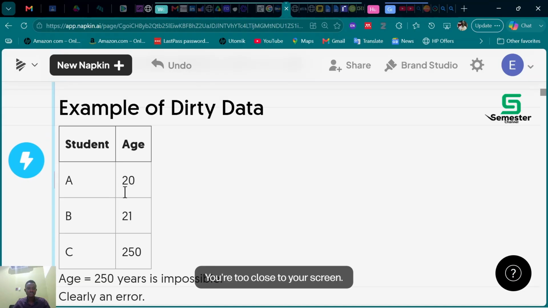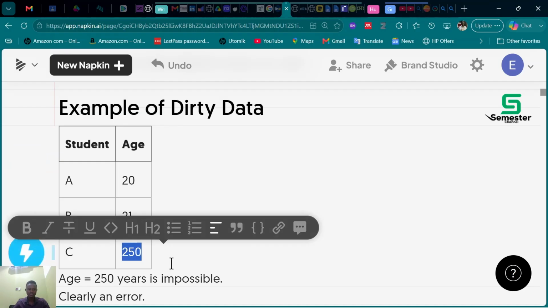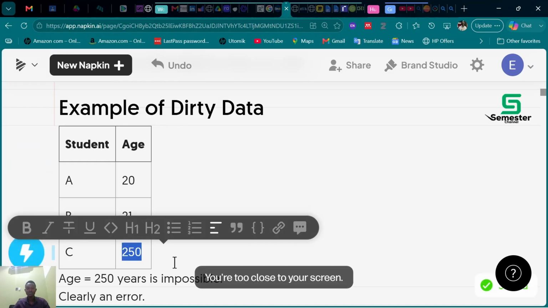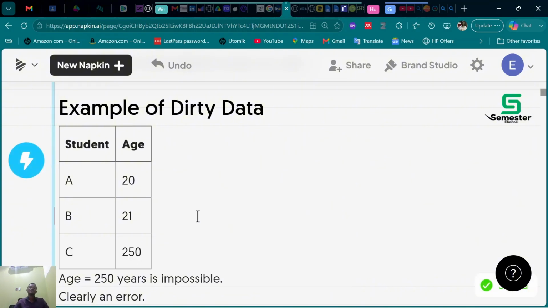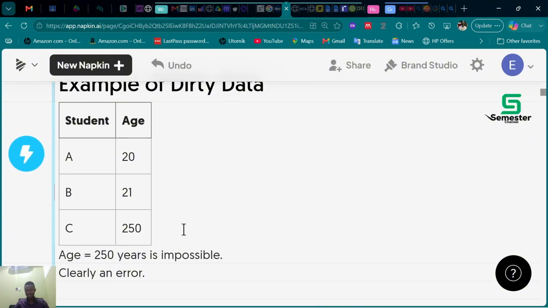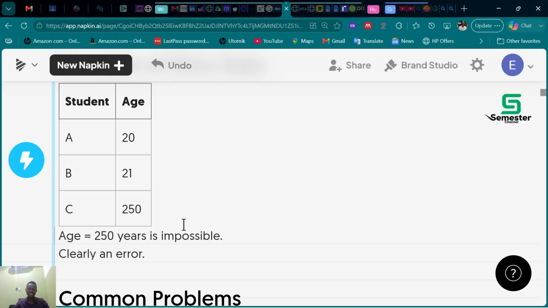Student A has the age 20, B 21, and C 250. This is very alarming, right? Not that it is impossible to have someone living up to 250 years, but currently in this dispensation, this is not possible. Okay, good. So it means this is clearly an error.